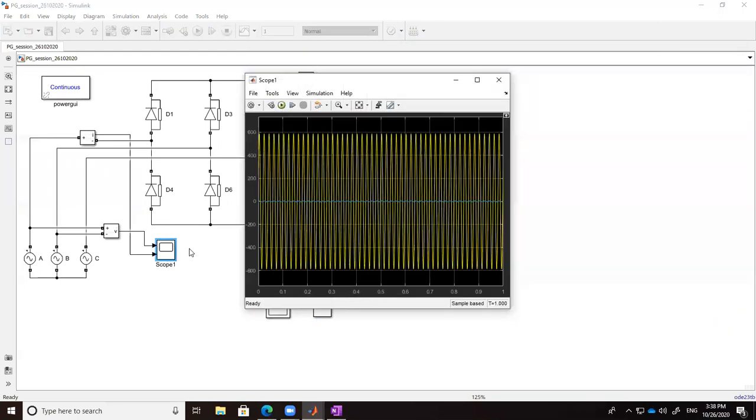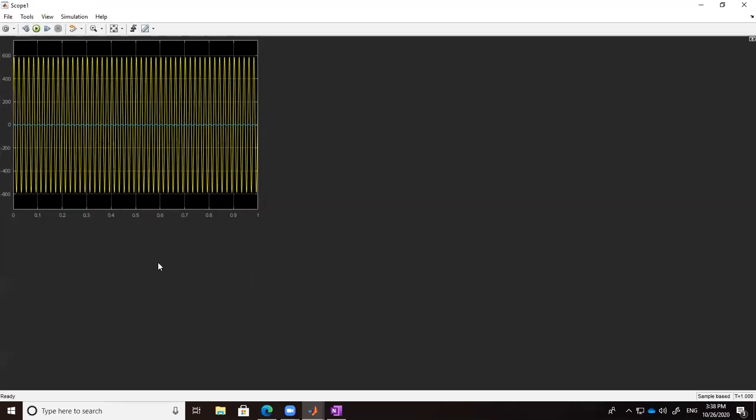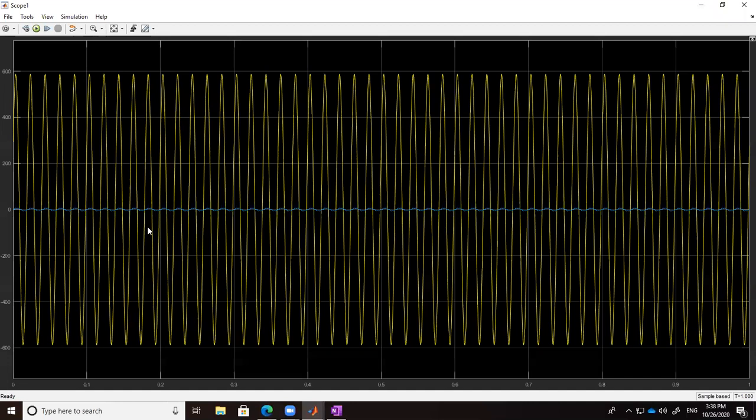So first look at the voltage and current. Now see, if I try to plot everything in the same display, then probably I won't be able to see another graph.